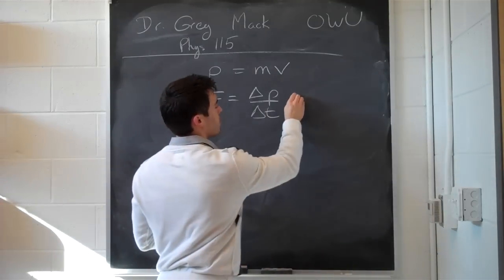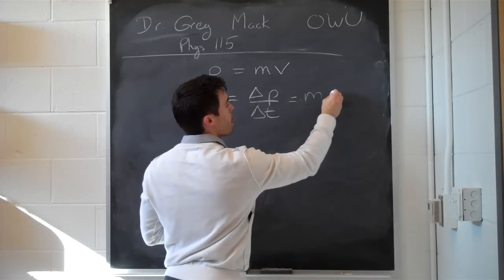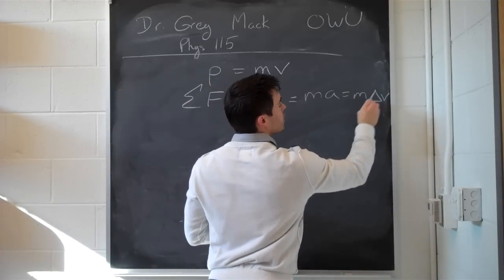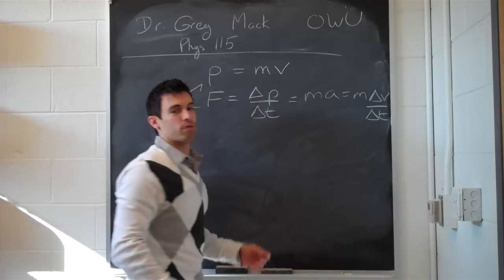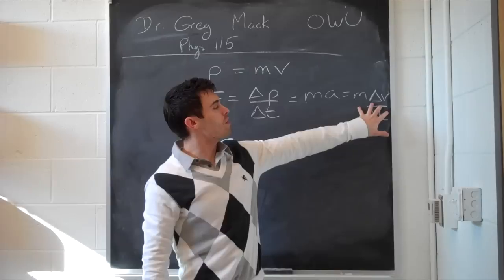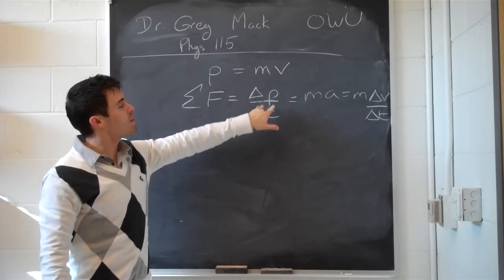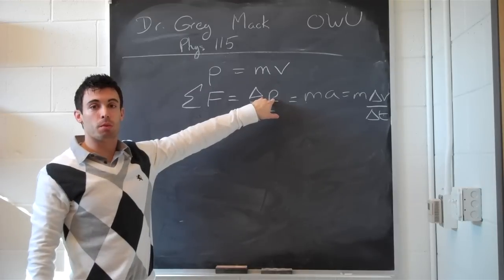So that comes from ma, where ma is also m delta v over t. And so m delta v is your delta p, your change in p. So a net force will cause a change in linear momentum.